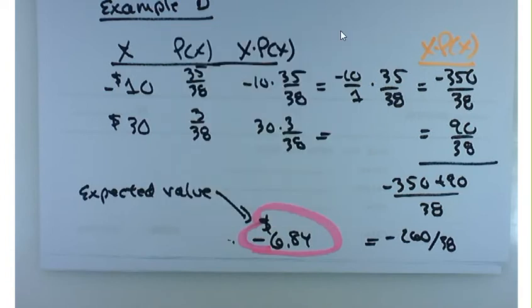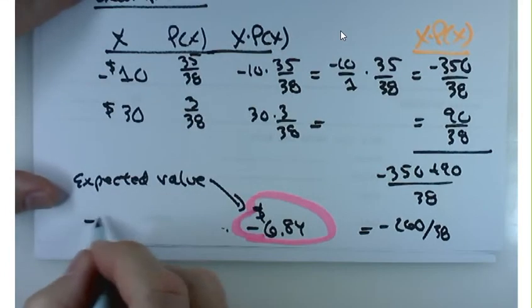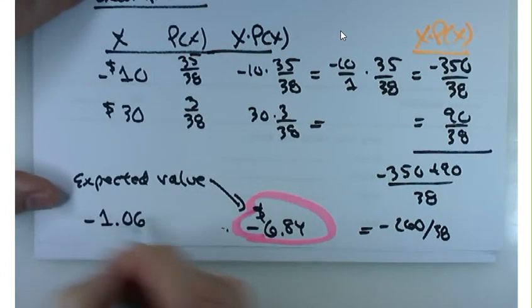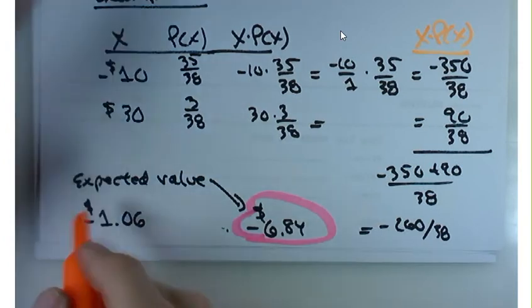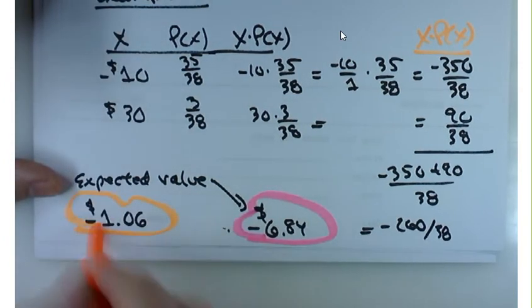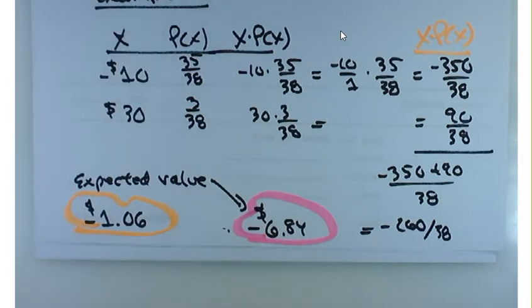Now, that's the expected value for this bet. The expected value for the other bet, if you're just betting one number comes up, is negative 1.06. If you were smart, which one would you be better off playing? Yeah, the one number. Because its expected value isn't as bad.